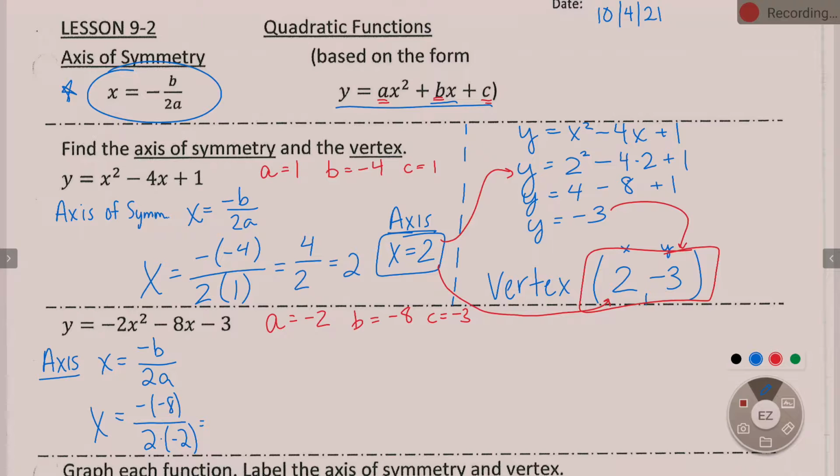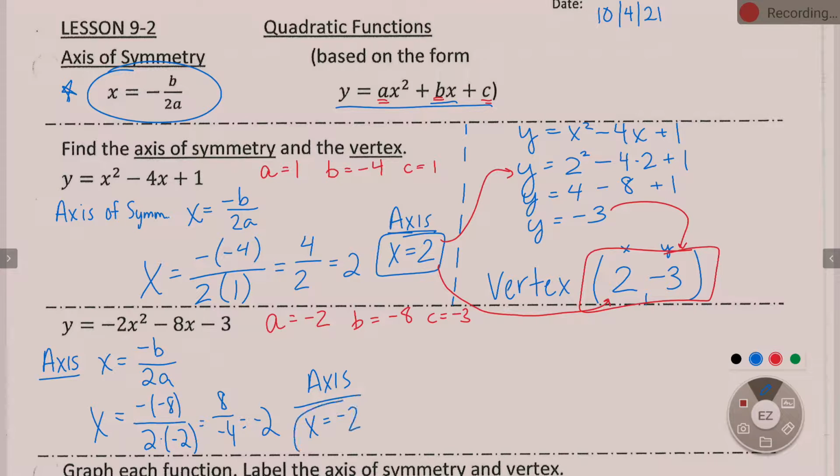What does negative of negative 8 mean? It's going to be positive 8. 2 times negative 2? Negative, because it's positive times negative. 8 divided by negative 4? Negative 2. So that tells me right here that my axis of symmetry is what?